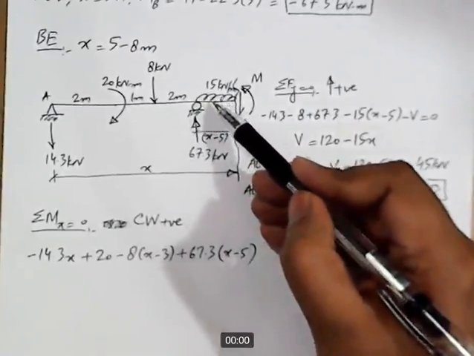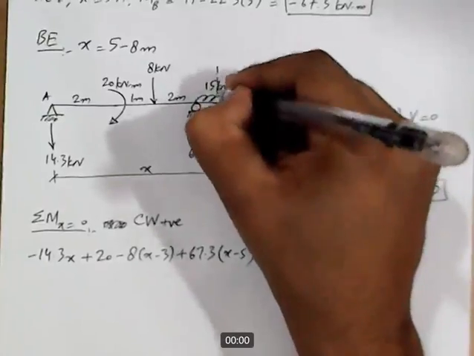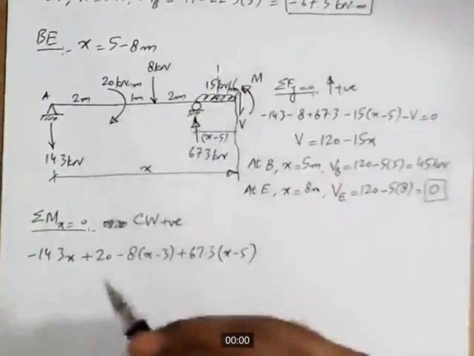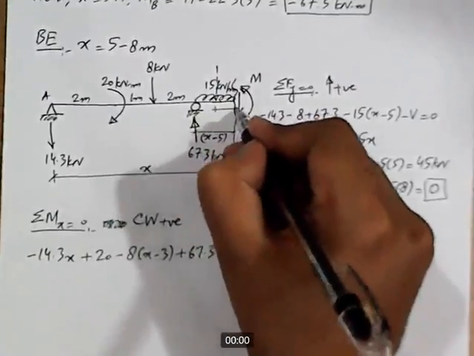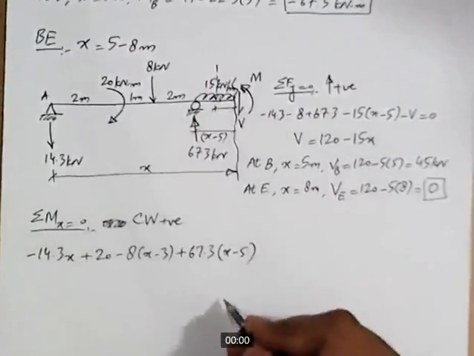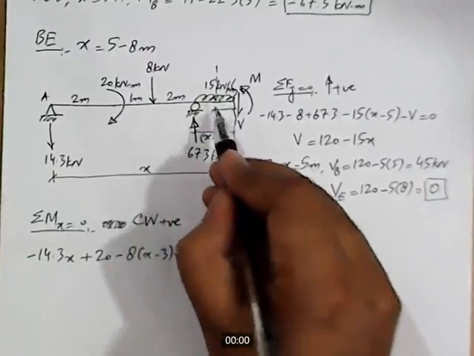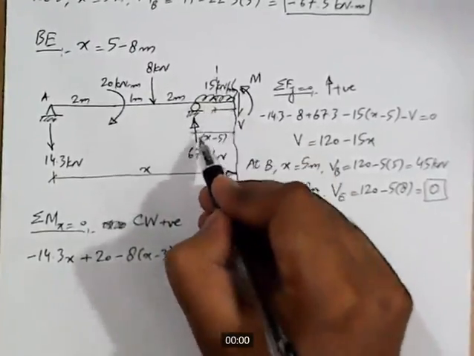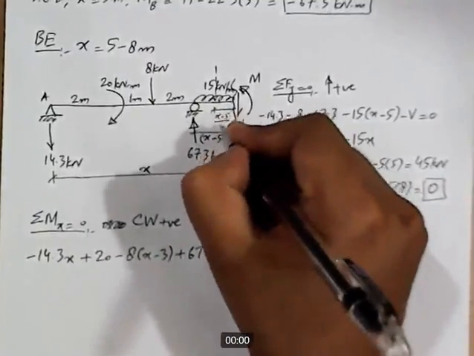For moment calculation, we will have to consider the resultant of the UDL. The resultant of the UDL will act here at the center, and how much will be this distance? This total distance is x minus 5, and this is the center point of this distance, so this will be x minus 5 divided by 2.